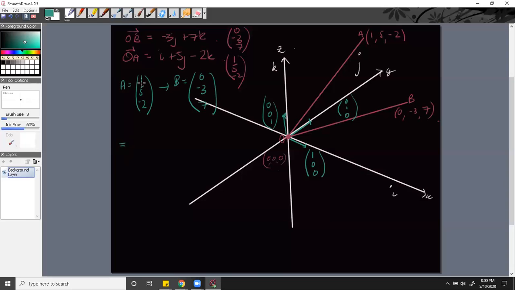Now, clearly, if you're going from 1 to 0, you're taking 1 away. If you're going from 5 to minus 3, you're taking 8 away. And if you're going from minus 2 to 7, you're adding 9 on. That's it as a column vector. So this is equal to vector AB. Obviously, in ijk notation, it would be minus i minus 8j plus 9k equals AB.